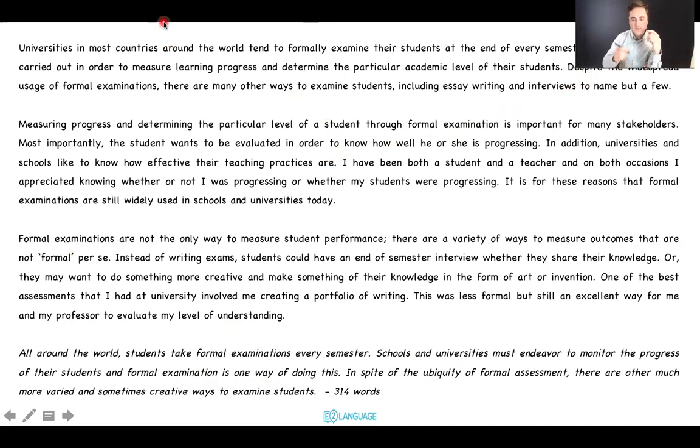I've got a variety of different sentences. I've got some short ones. I've got some long ones with the word which, bringing in extra information. I've got some and, but. I've used those connecting words like despite and in addition, and these are like the cherries on top.